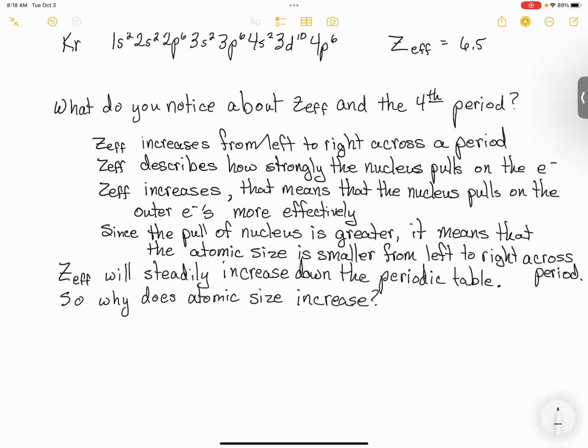So the atomic size decreases going from left to right across the period, all because the Z effective increases. Again, the atomic size decreases across the period, all because the Z effective increases.